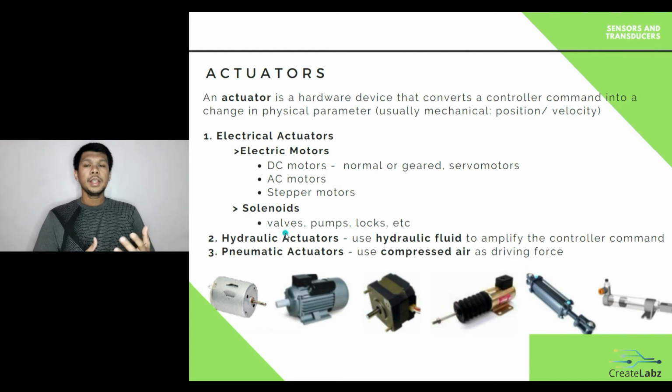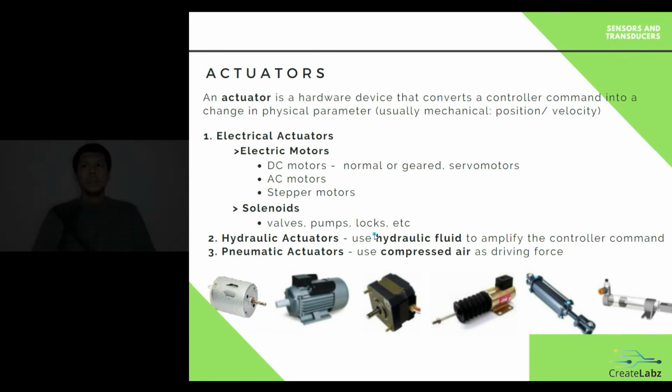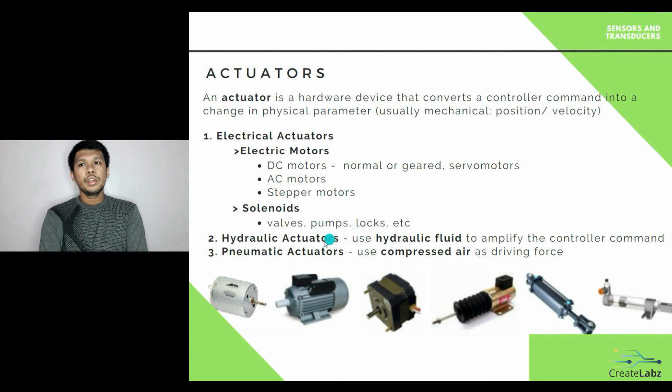For pumps, it's the same concept. For locks, for example if you're building an automated security or lock system, it's the same concept. You energize a coil, then it will control a switch or a lock, something like that. The other forms of actuators are the hydraulic ones, which use fluid to amplify the controller command.